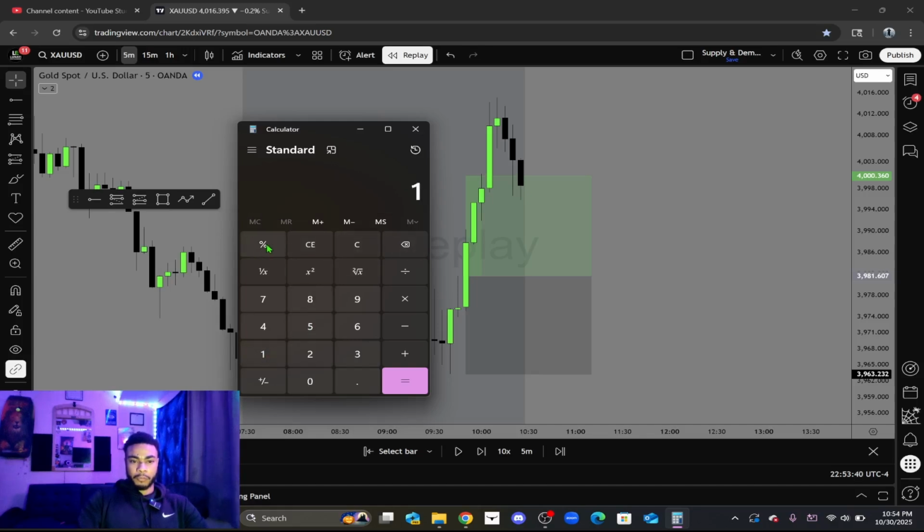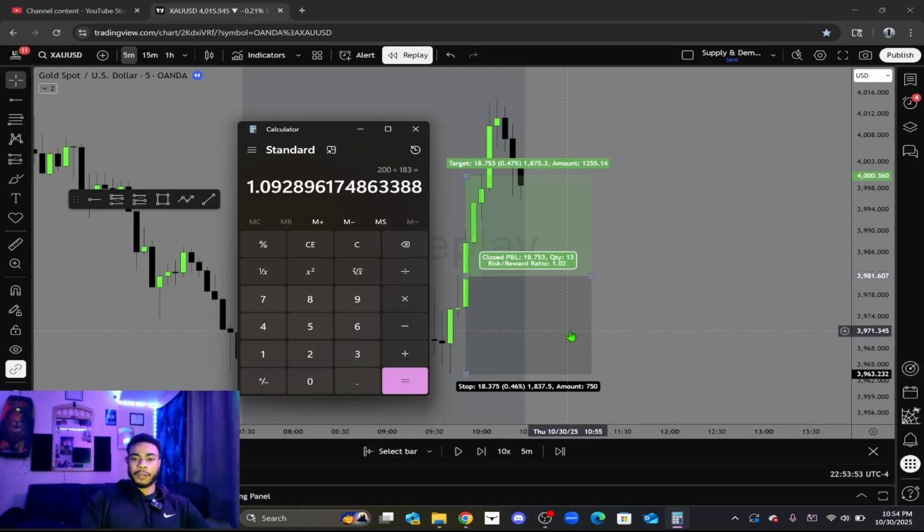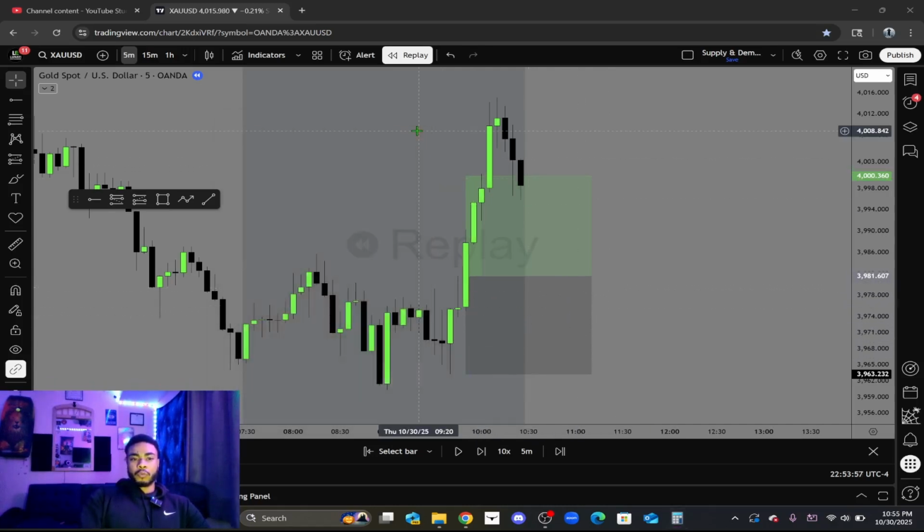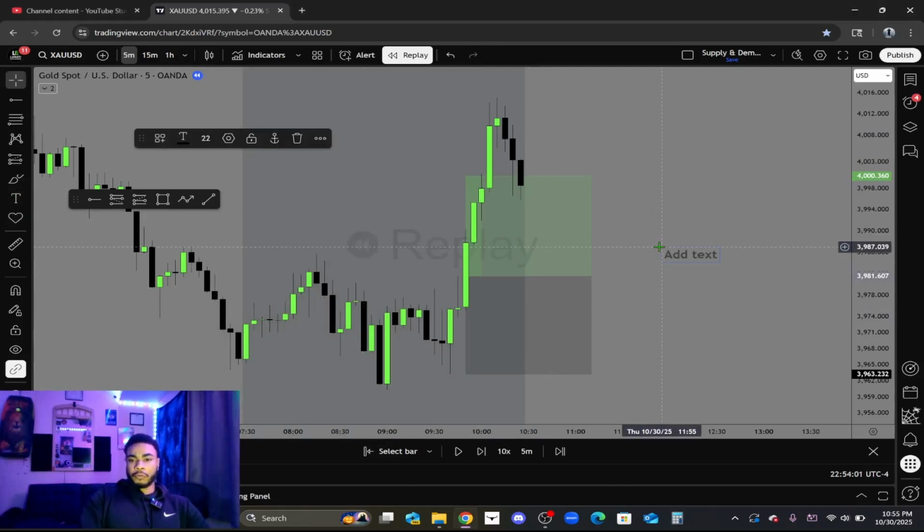So let's say I were to risk $200 divided by 183 pips on gold, that's going to be $1.09. So on this gold trade, to risk $200, I'll be risking $1.09 per pip, which is going to equal 0.10. Bam, lot size.